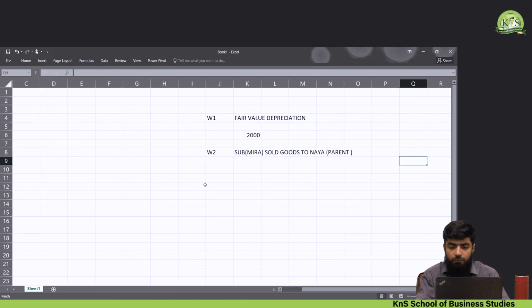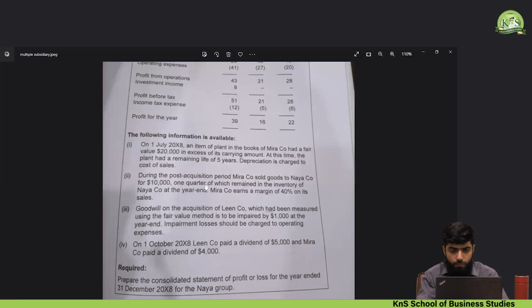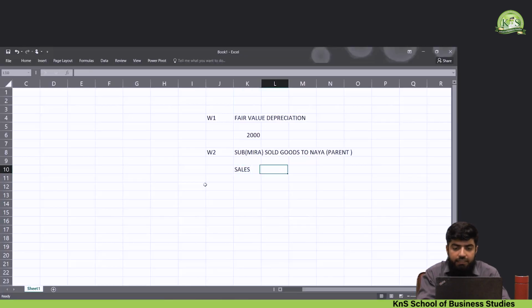Mira sold some goods to the parent company, and the selling price is 10,000. Sales is 10,000, and don't forget we need to eliminate those sales and purchases, because that is an intra-group transaction. We need to eliminate it. Sales would be 10,000 and, definitely, purchases for the parent company would also be 10,000.